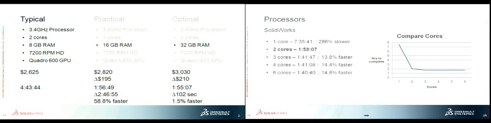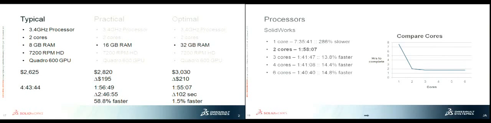If you go up to 3 cores, we gain a little bit, we get up to 13.8% faster. 4 cores, 6 cores, we're kind of starting to flatten out at that point in time. So for what we're doing here, in just SolidWorks processes alone, not simulation, not rendering, our typical was the 4 core.